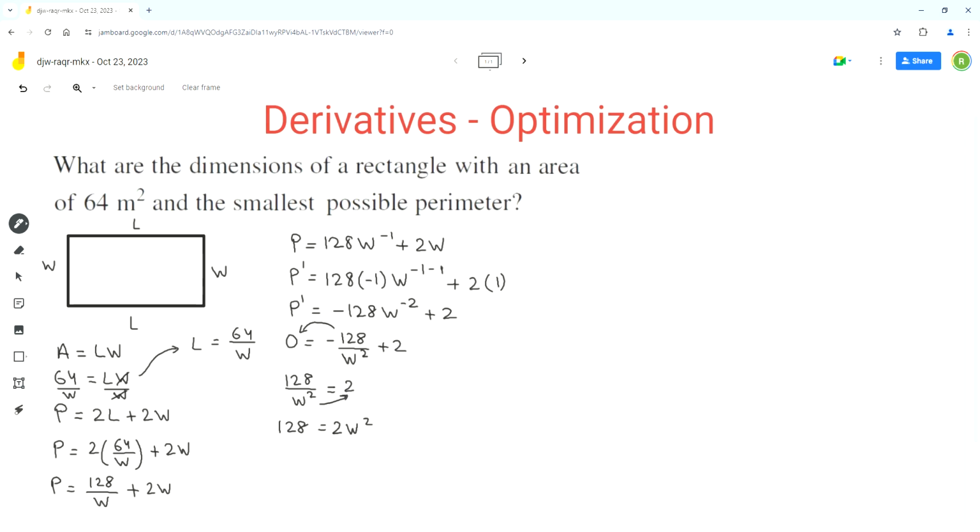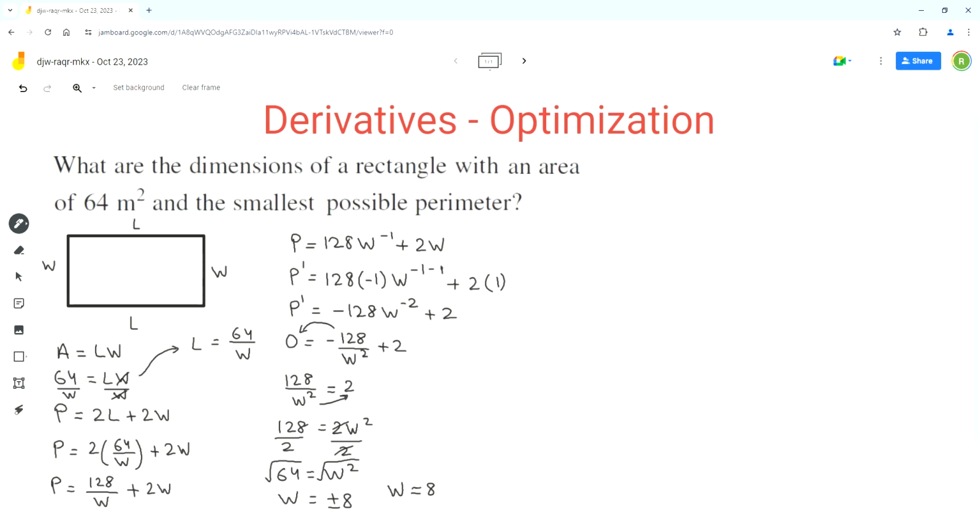Now we can divide both sides by 2. Now we can apply square root to both sides. I get W equals plus minus 8. Now we know that width cannot be a negative number, so the valid answer is W equals 8.